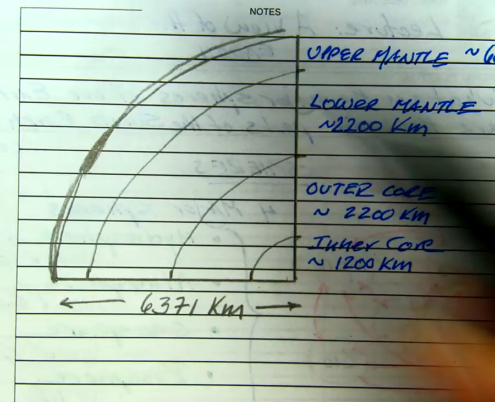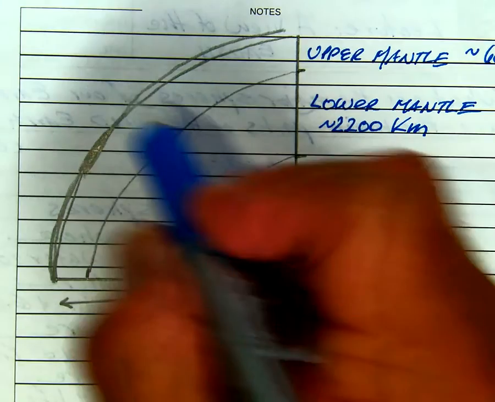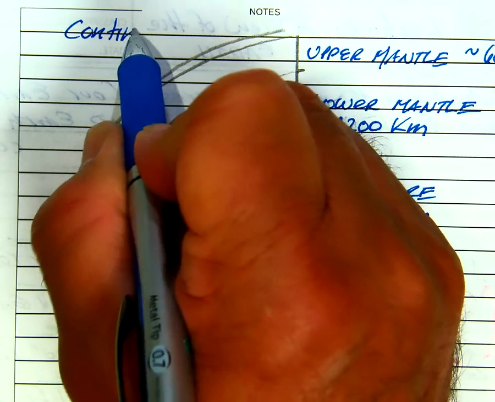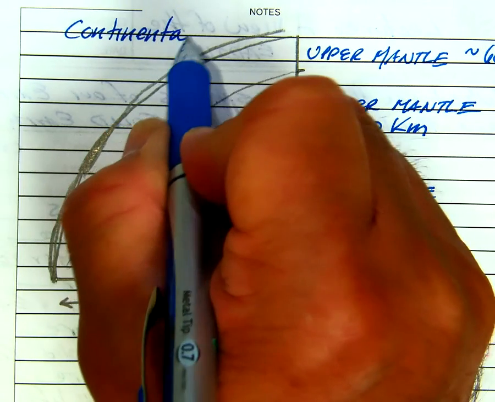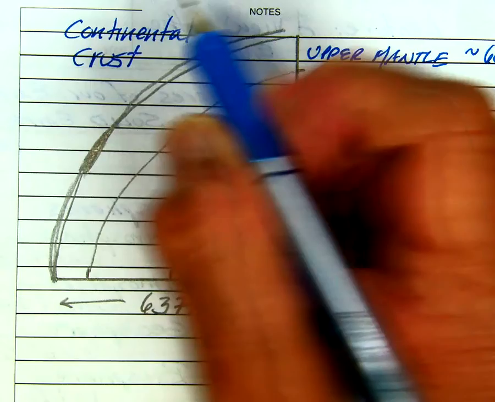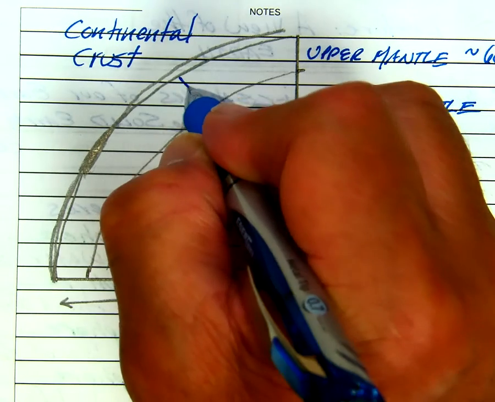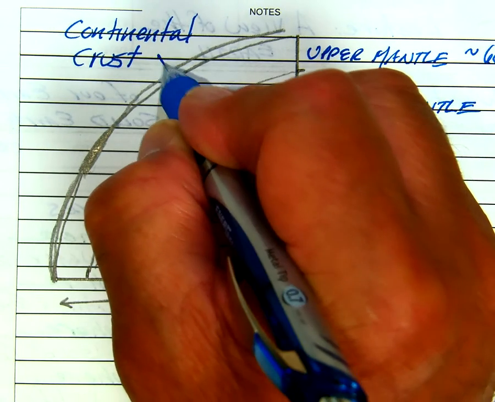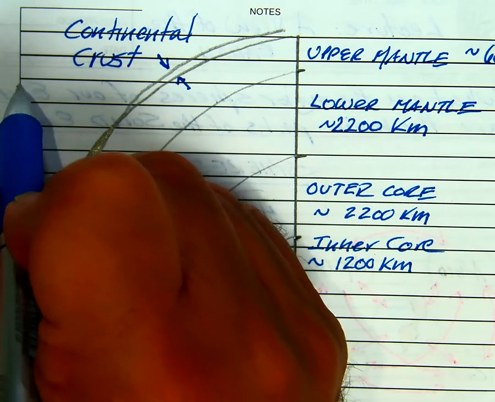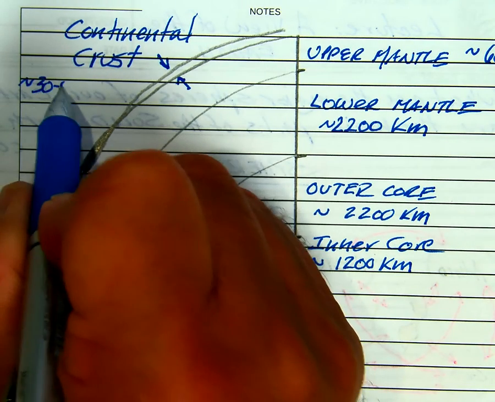So I can label it continental. The thickness varies depending on whether you're in the continent. From right there to right there, that thickness is approximately 30 to 40 kilometers.